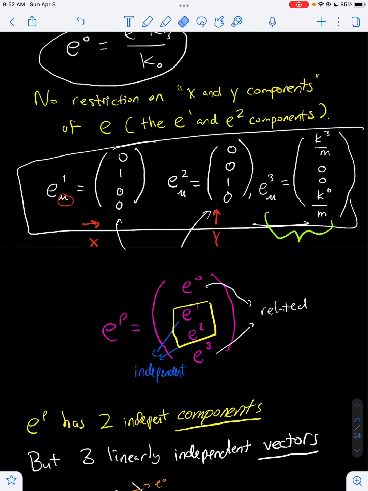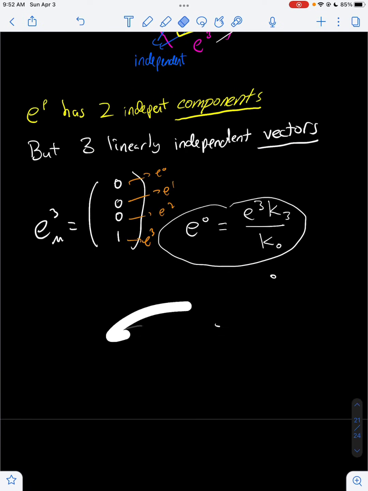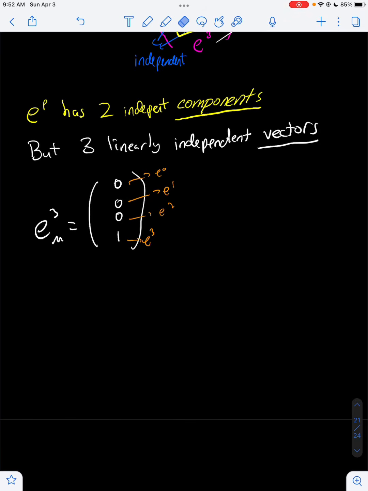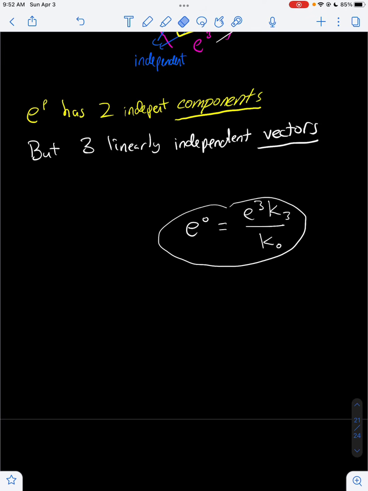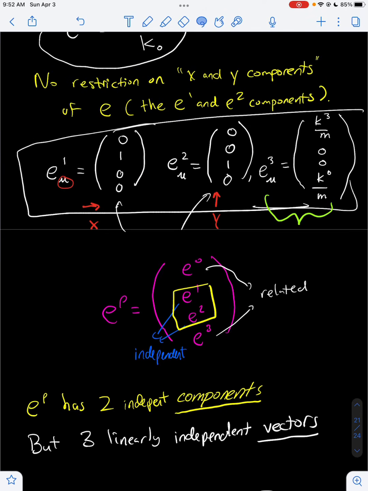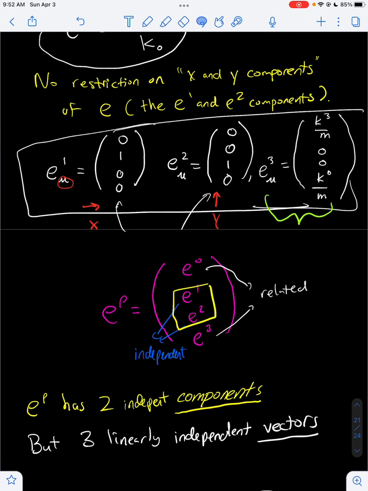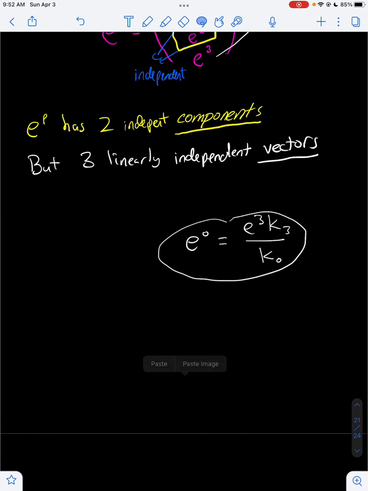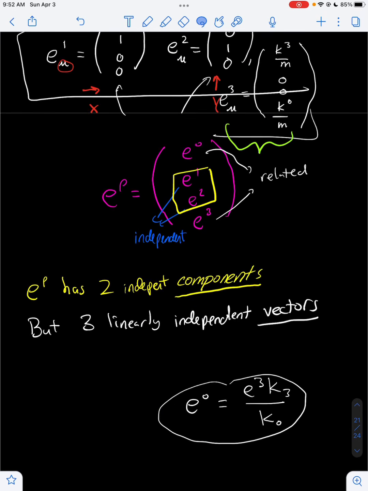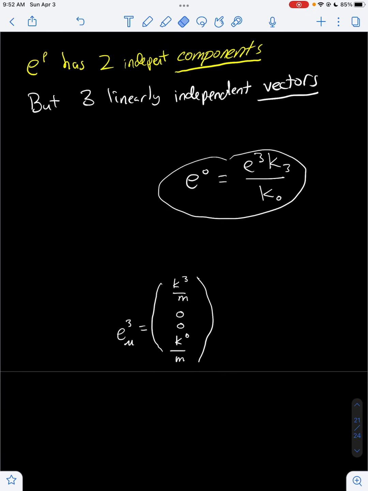So let's clean up this canvas a bit. Now let's check that our third vector satisfies our condition. Our third vector is this guy over here. Let's copy that, paste that, and erase this over here. So let's see if it satisfies it.